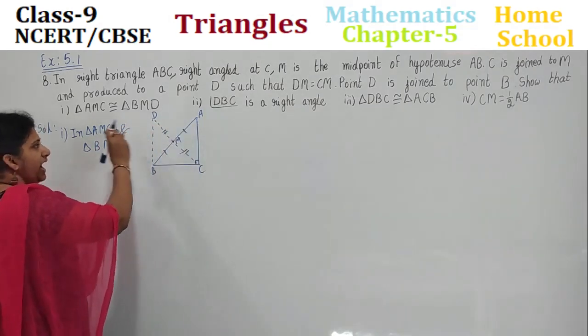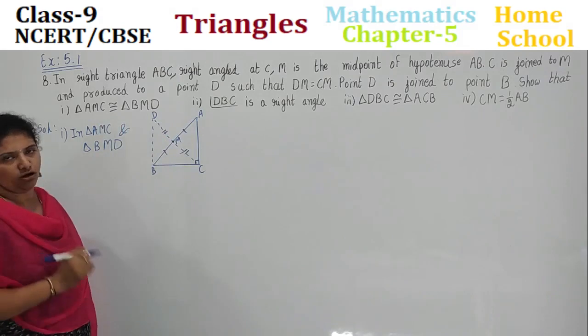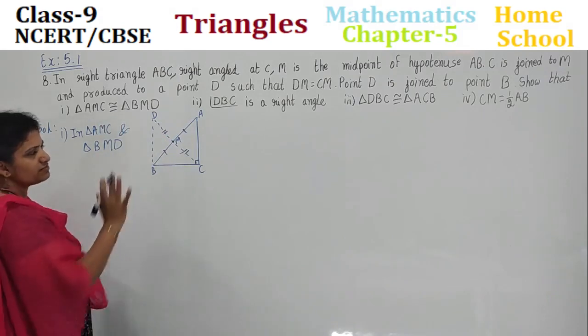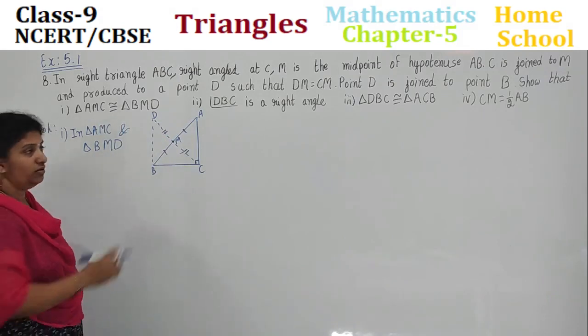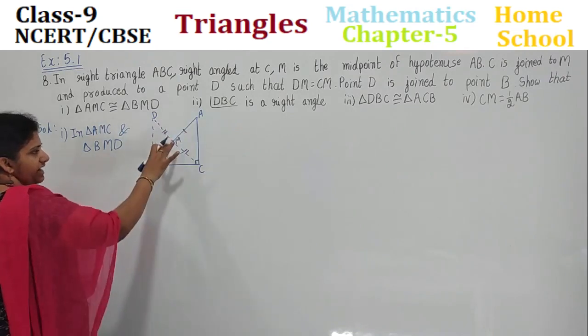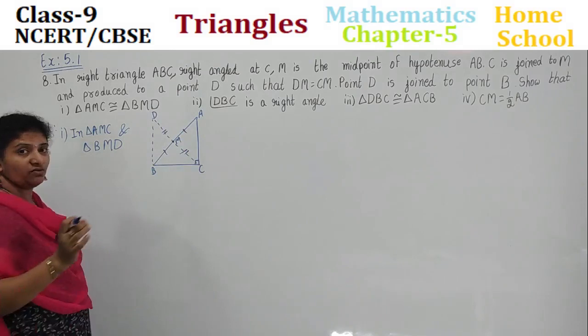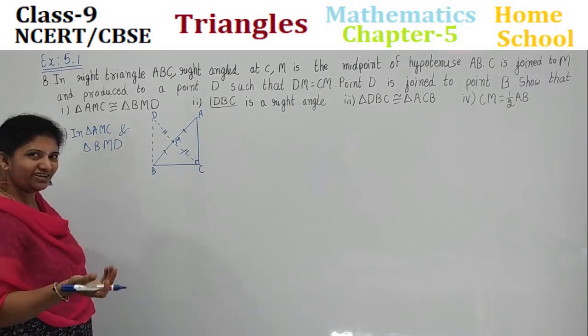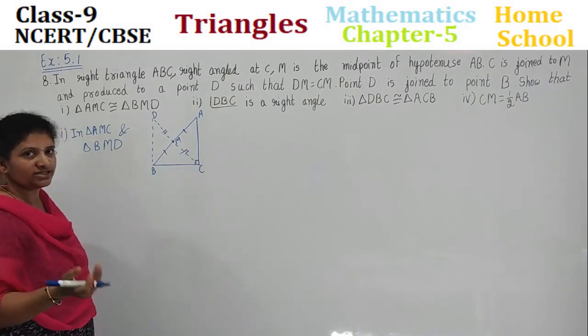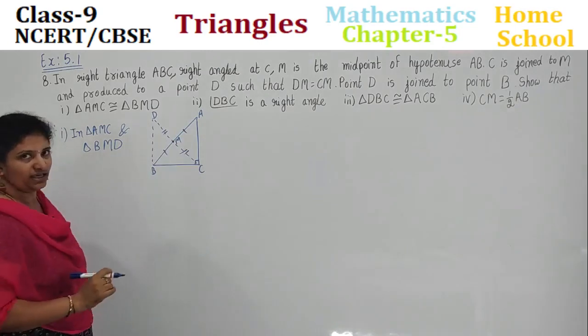I need to prove those two triangles are congruent. See here, children, by observing I can say directly. These two angles are vertically opposite to one another. Therefore, by vertically opposite angles, these two angles are equal.